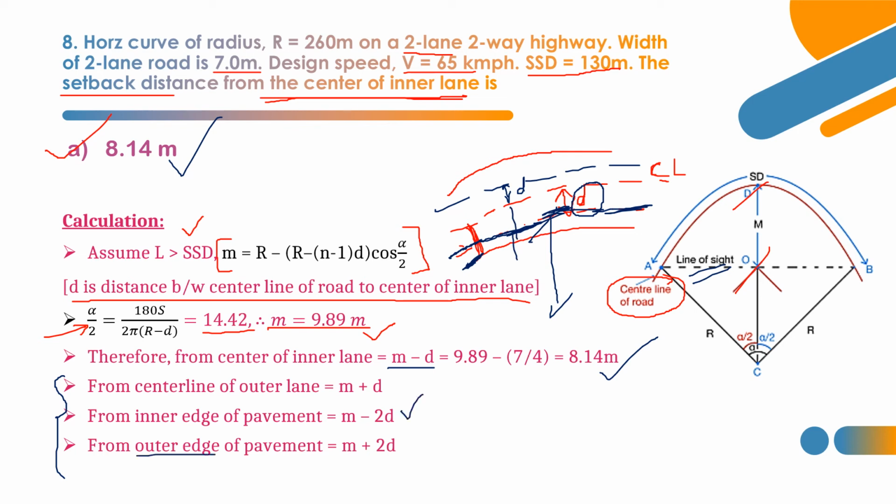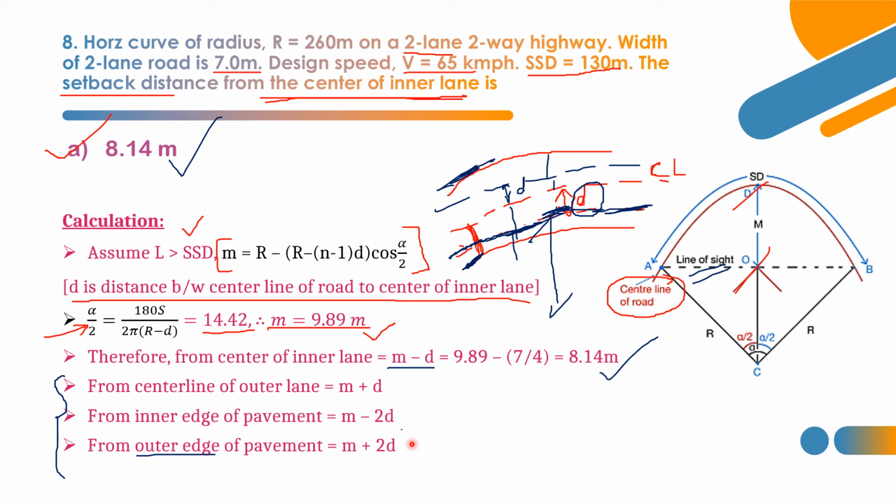When it comes to the outer edge, we have to add this d as well as this d, so that's why plus 2d.